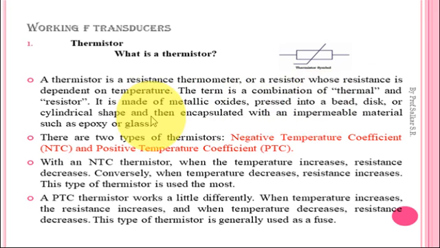After pressing under a huge pressure into the bead, disc or cylindrical shape, all these materials are encapsulated with an impermeable material such as epoxy or glass. Here the word impermeable means waterproof material. So glass or epoxy are the waterproof material.